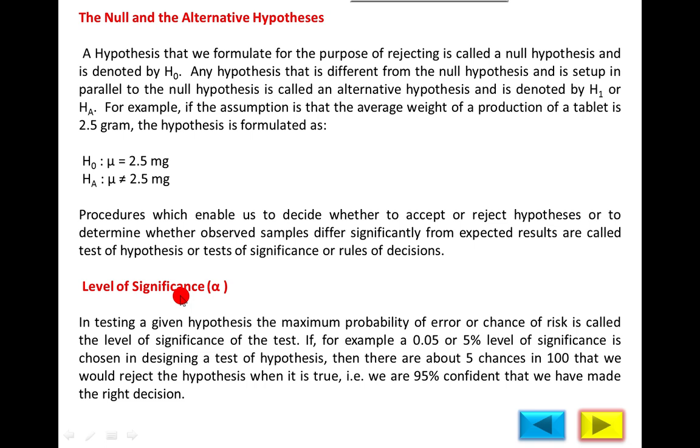In the field of economics, we choose 10% level of significance. In the field of defense, we select less than 1%, 0.5%. So it depends on the requirement. Level of significance is the probability of error in your decision. Your decision may be wrong.